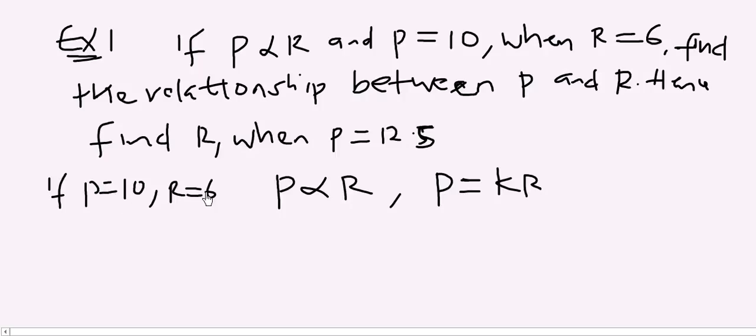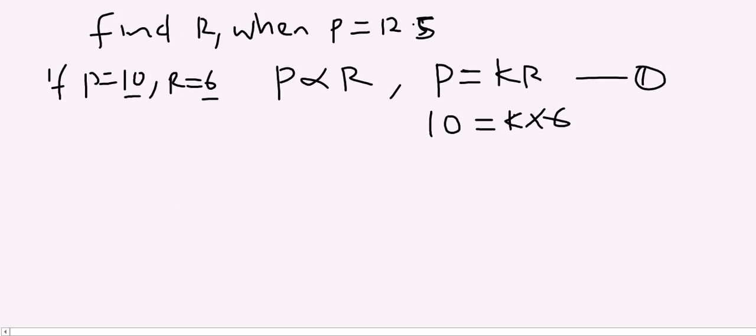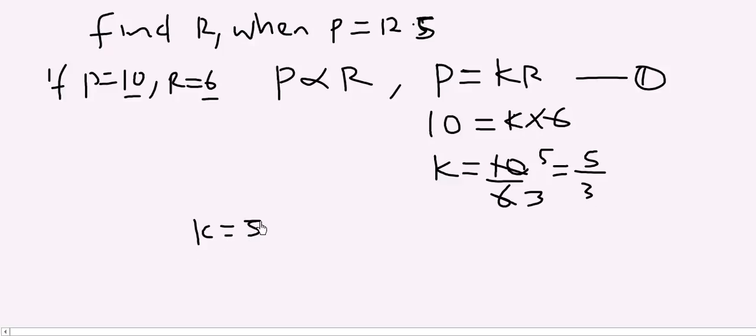So in our equation 1, we're going to fix the value of P and R. P is 10, R is 6, so we have that 10 is equal to k times 6. So we get the value of k. k is equal to 10 over 6. Dividing by 2, 10 divided by 2 is 5, and 6 divided by 2 is 3, so we have k as 5 over 3.